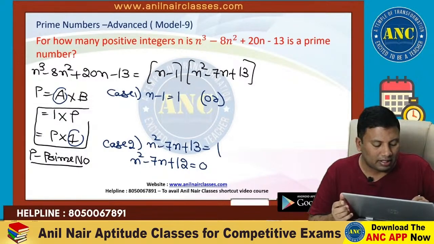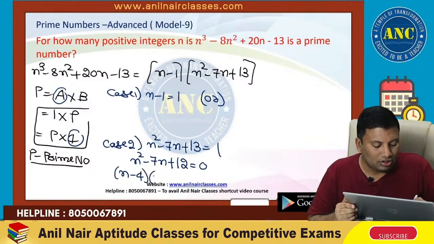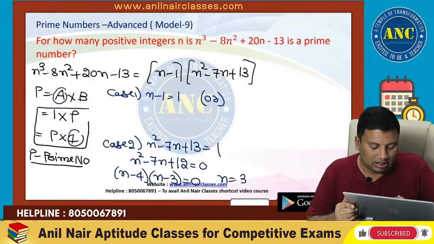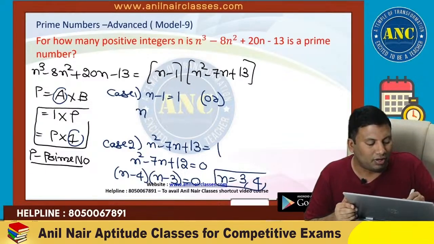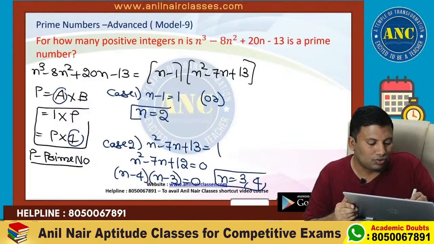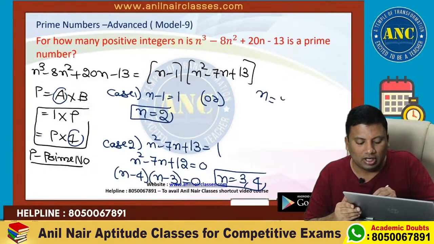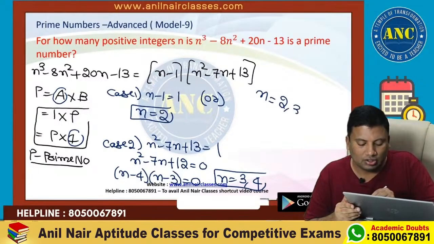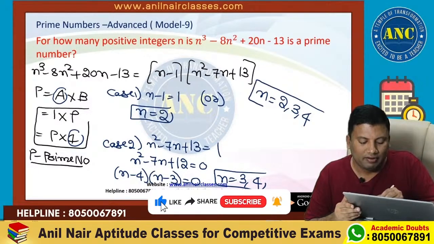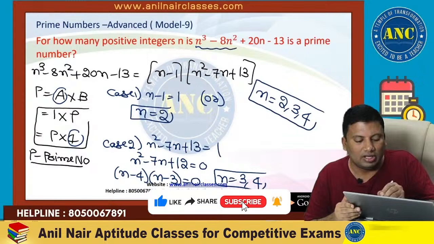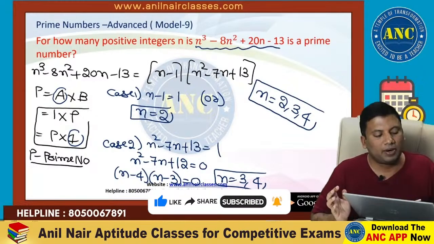This is nothing but (n minus 4) into (n minus 3) equivalent to 0. n is nothing but 3, 4. So n can be 3, 4, or n can be 2. So three values it can take, n equals 2, 3, 4. For these three values, this cubic expression is a prime number.